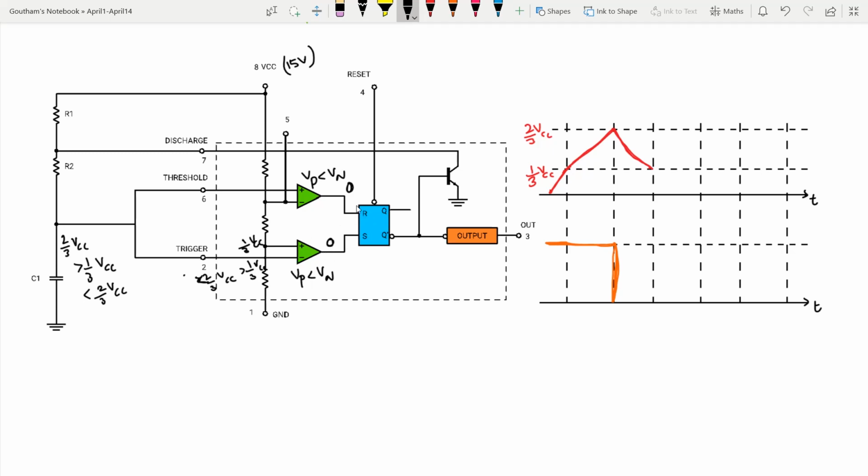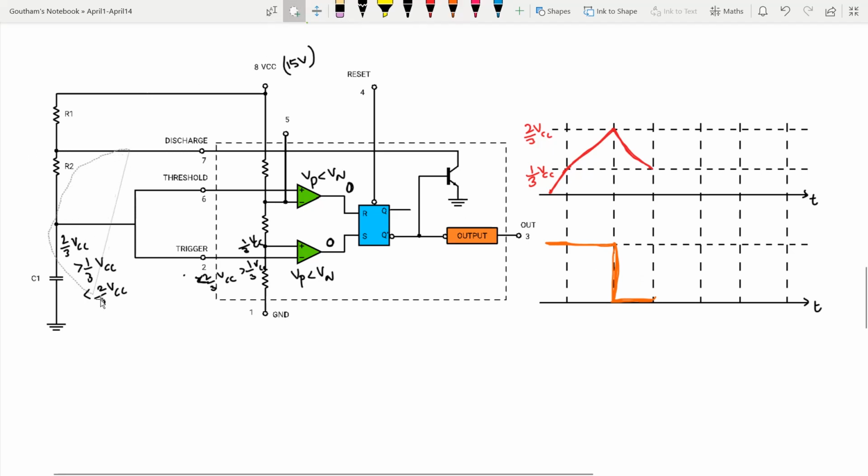So what is the input to the SR latch here? 0 0. When the input to the SR latch is 0 0, it continues to be in its previous state. But what is its previous state? It became 0 over here. So until it reaches 1/3 VCC, your output continues to be 0.